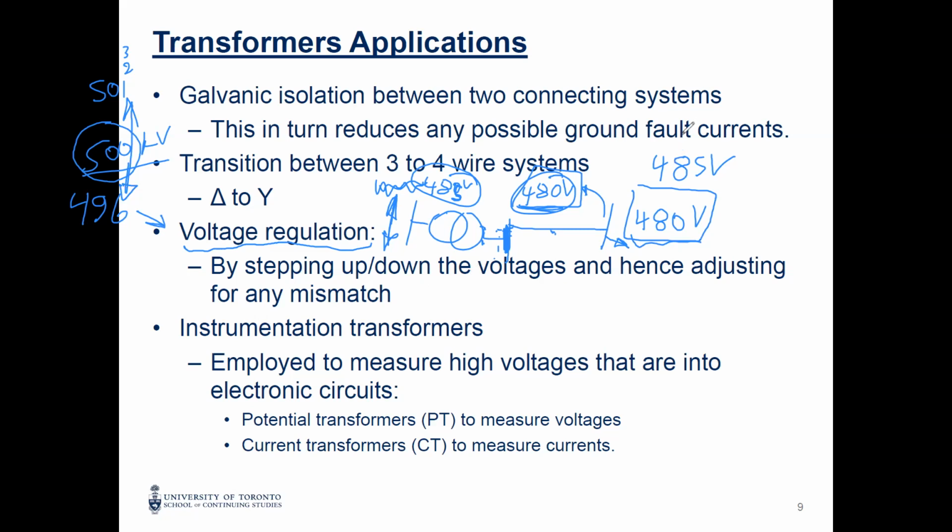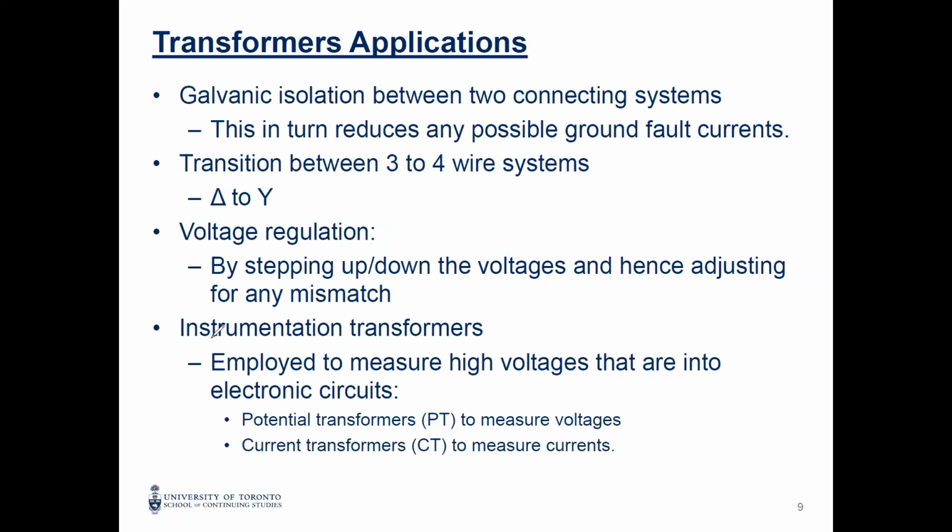Okay. An instrumentation transformer is another application, very important. We use it, for example, for power system protection, something like potential transformers and current transformers, PT and CT, to measure the voltage and the current at high voltage levels. So for the current transformer, we connect it in series to measure the current, and the PT, we put in parallel to measure the voltage.